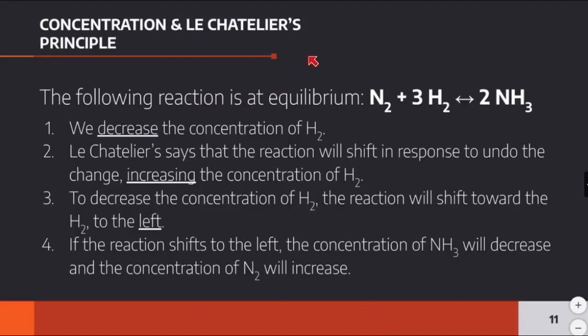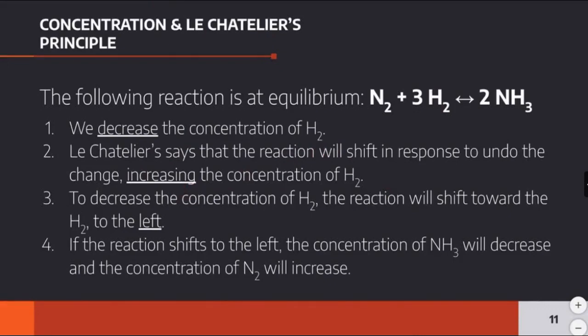So let's try another one. N2 plus 3H2 yields 2NH3. We start off by decreasing the concentration of H2. We take away H2. Le Chatelier's principle says the reaction will shift to undo our change, to increase H2.